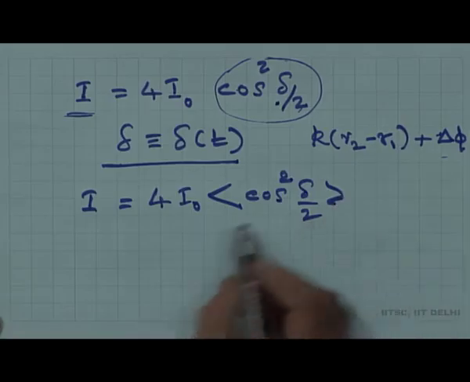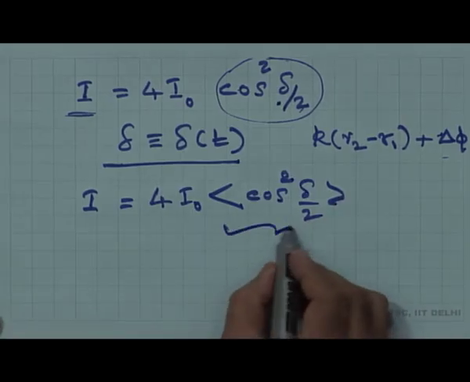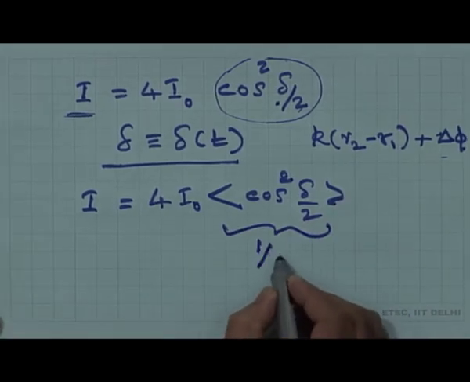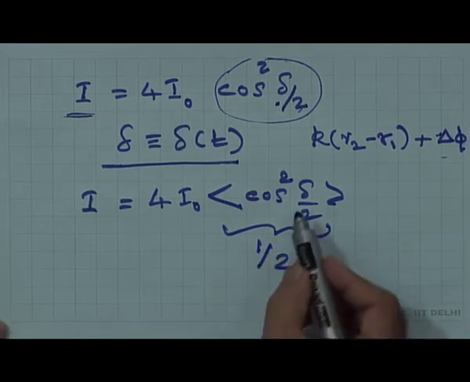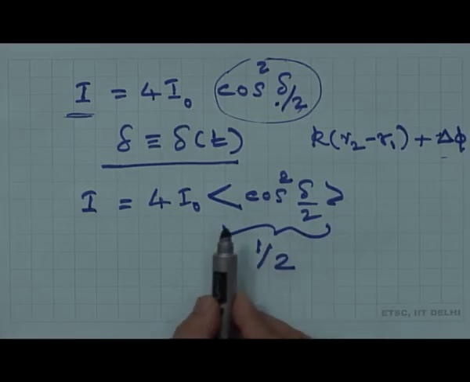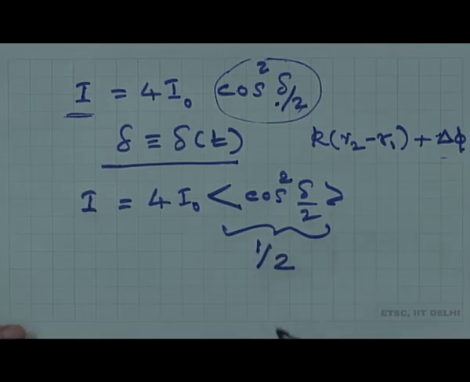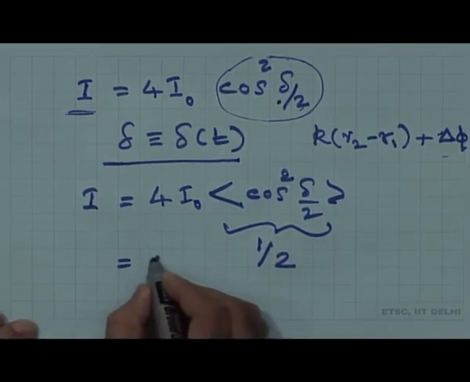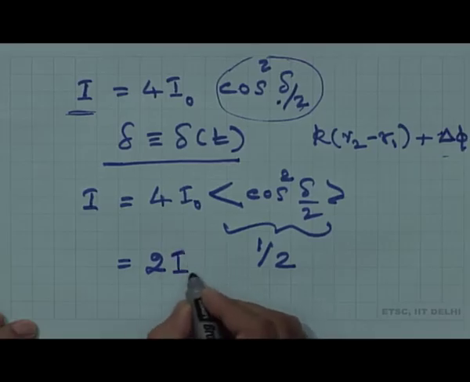We have already discussed that this time average is nothing but half. In the earlier class, we discussed that the time average of a rapidly varying cos square term is half, because cos square varies between 0 and 1, and therefore I is equal to 2 times I 0.